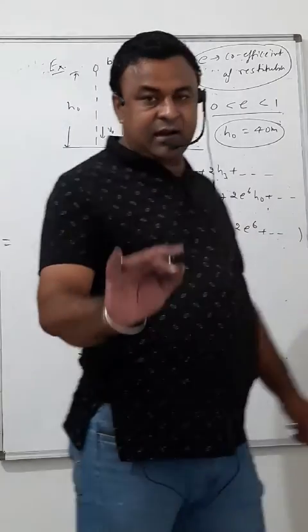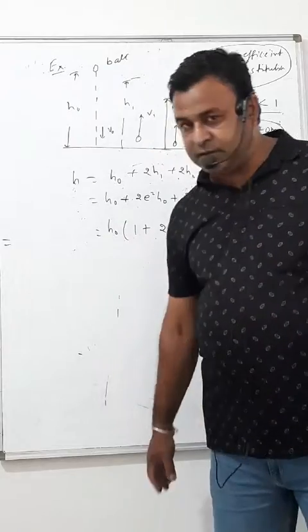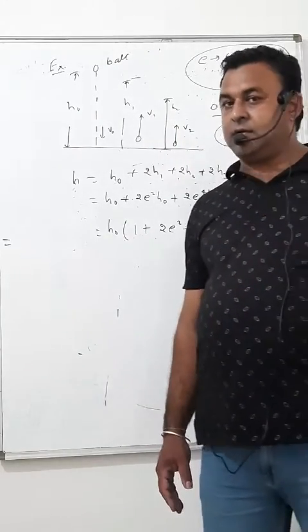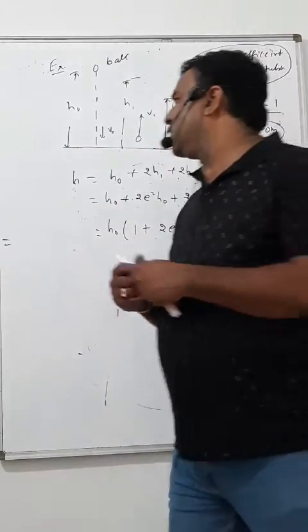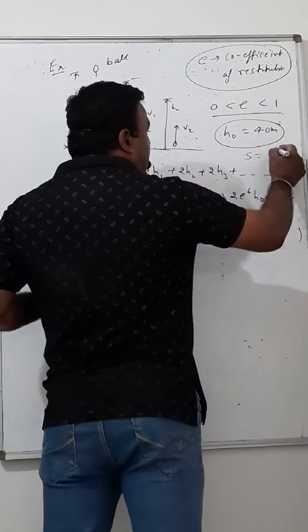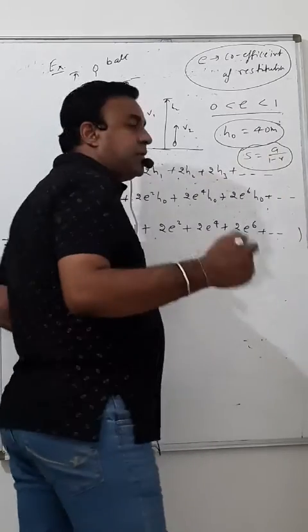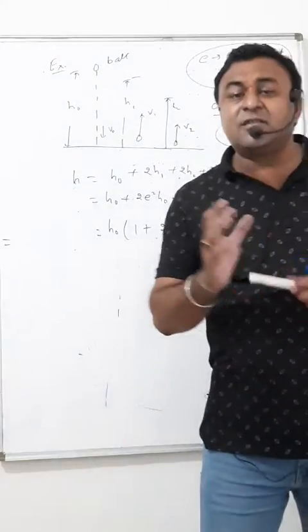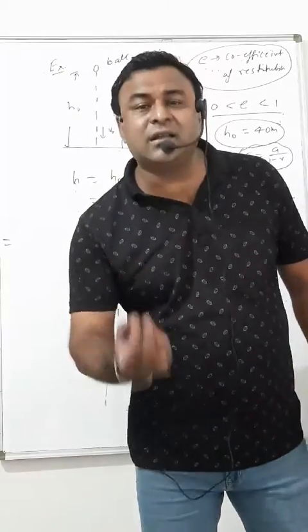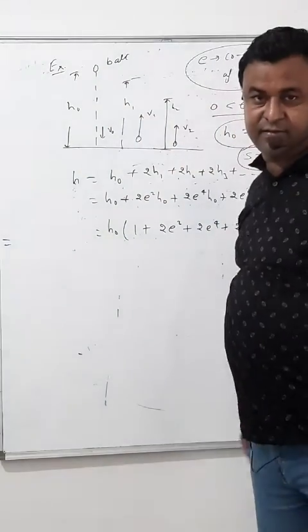You must understand one thing very clearly: what is the role of maths? It's a simple formula I told you, that S is equal to a upon 1 minus r. Very simple formula. But when it is applied in physics, then there is more physics, little mathematics. You need to think about this, this is physics.